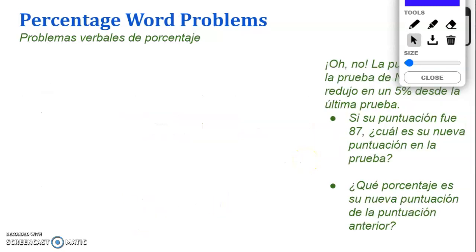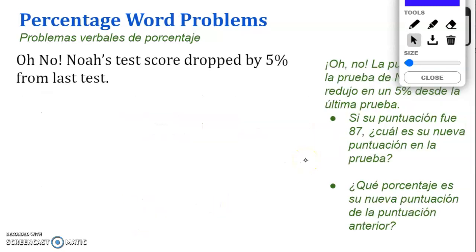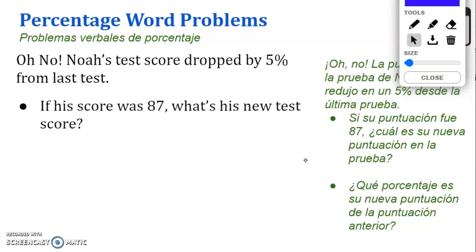Another problem. Oh no, Noah's test score dropped by 5% from the last test. His score was 87%. What's his new test score? So to do that, we need to figure out how much is 5% of 87. Well, can you figure out 10% of 87?